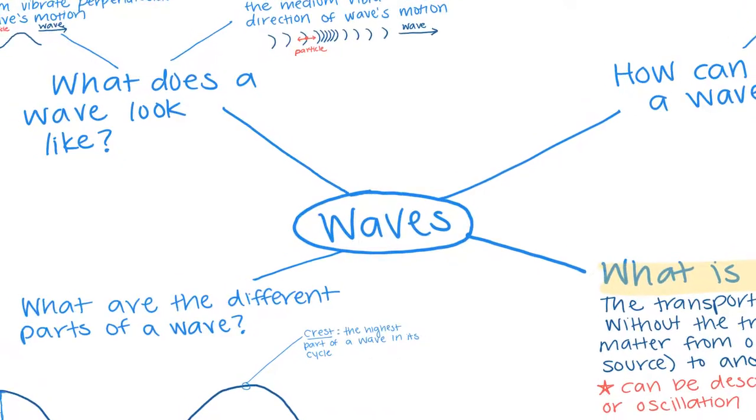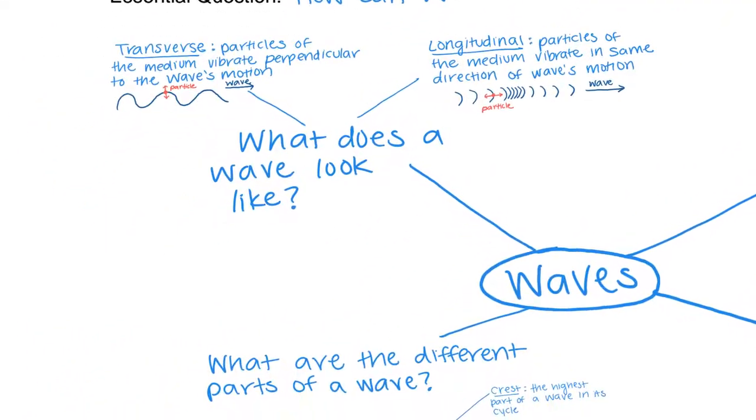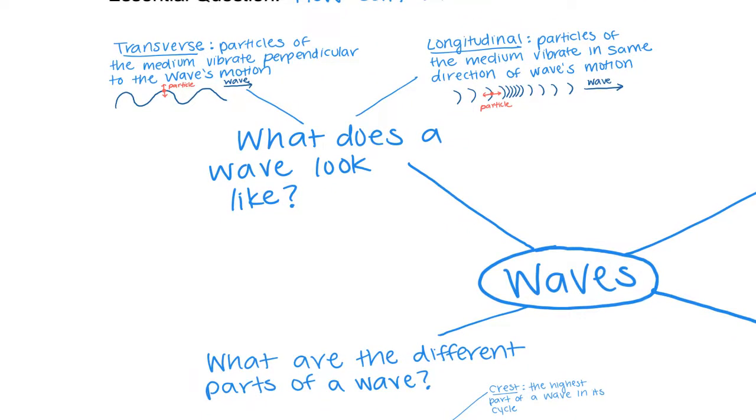All right, so now let's get into what a wave might look like. We have two different appearances of waves. We have something called a transverse wave, where particles of the medium vibrate perpendicular to the wave's motion. What you're seeing here with a transverse wave is it looks like it is really traveling.